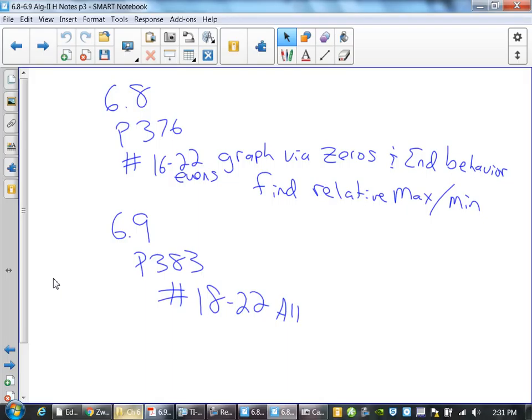This won't take long. And then on 6.9, you're going to write the equations for 18 through 22.